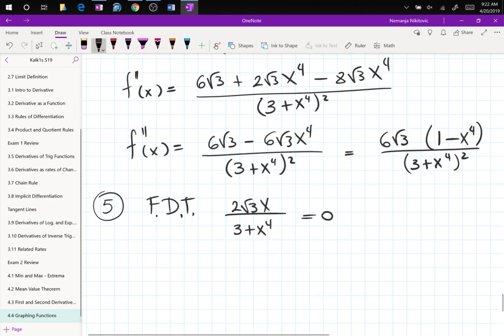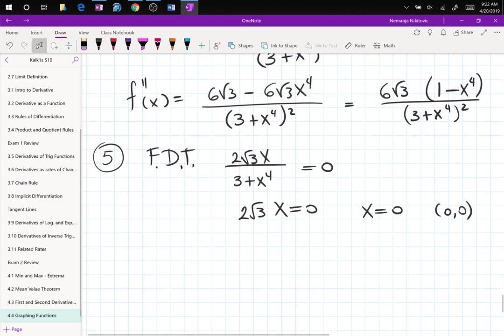When you cross multiply, you get 2 root 3 x equals 0, from where x equals 0. We can now partition, from negative infinity to positive infinity, and we are partitioning at 0. No vertical asymptotes again, which means that we are only partitioning on critical numbers. So negative 1 and 1 are test points. Pick any numbers you want.